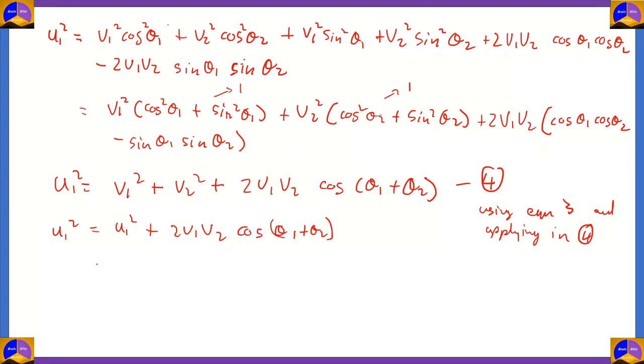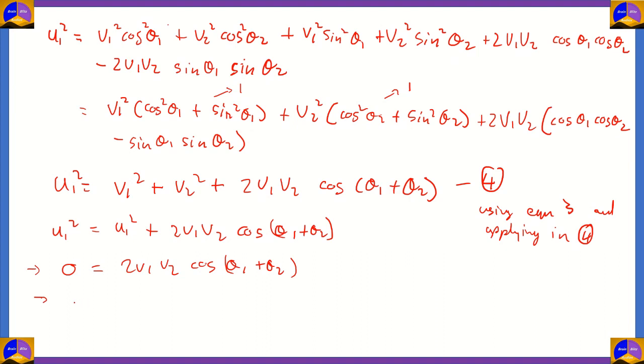So u1 squared goes to the left hand side, so the left hand side now becomes 0. 0 equals 2 v1 v2 cos of theta 1 plus theta 2. So 2 v1 v2, when we take it to the left hand side, that again goes as 0.